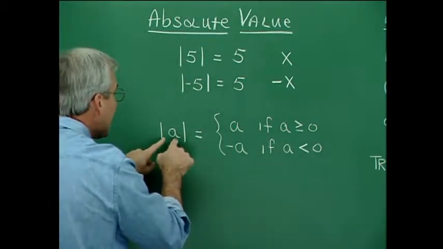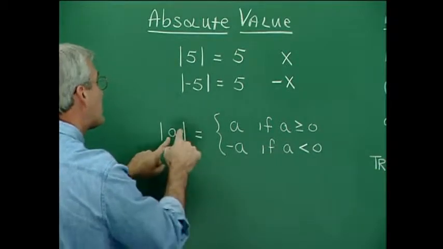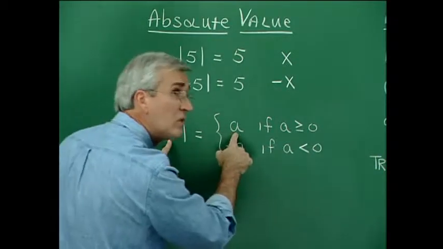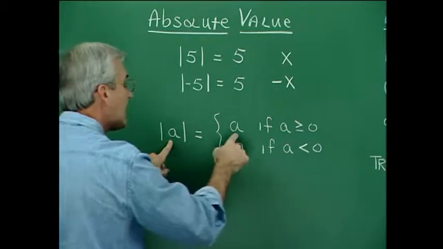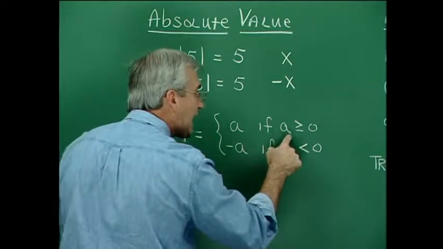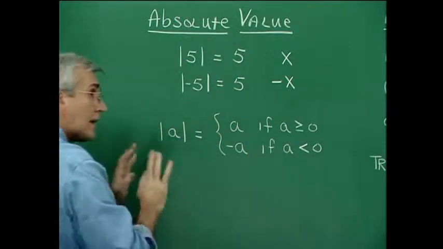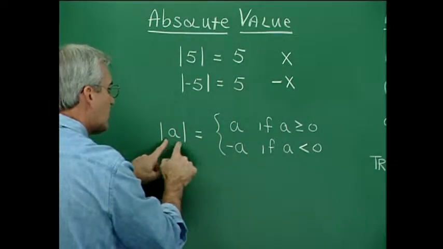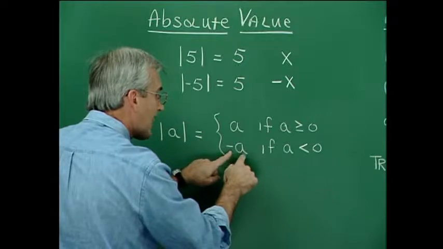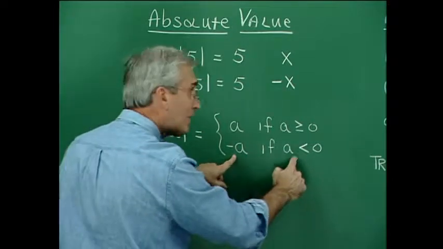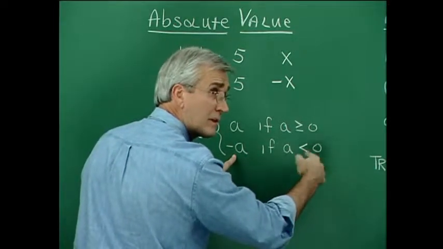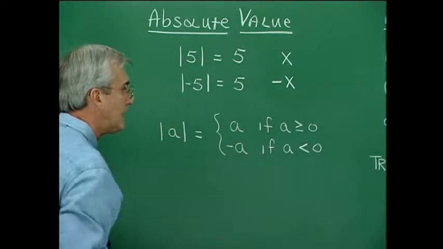So the absolute value of a is equal to a if a is greater than or equal to 0, positive or 0, you see. On the other hand, the absolute value of this real number is the opposite of that real number if that real number is negative, if that real number is less than 0. All right, so that's the idea.